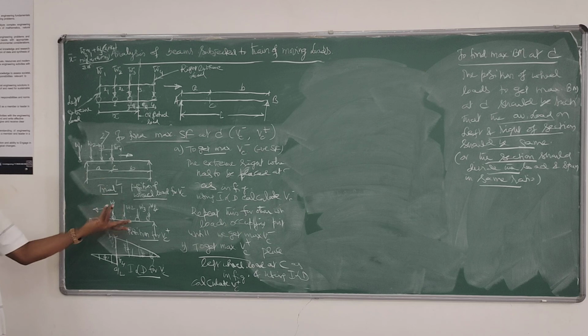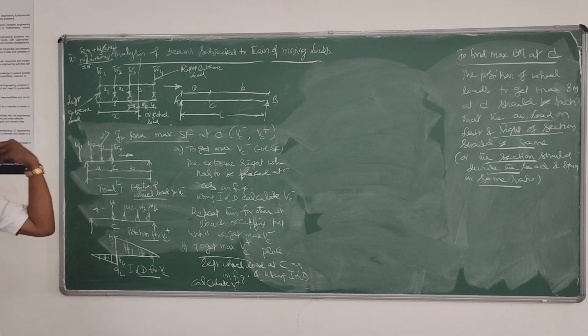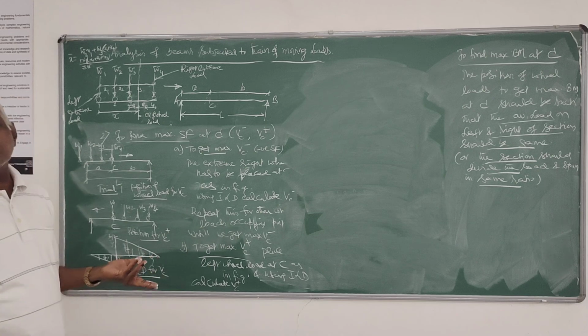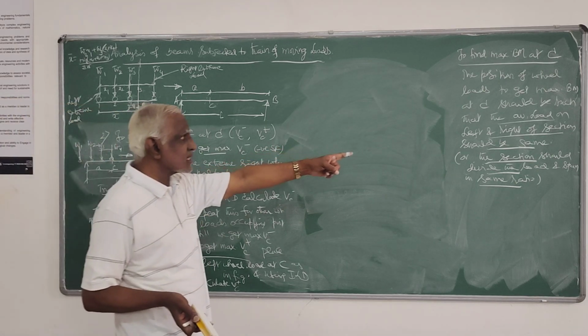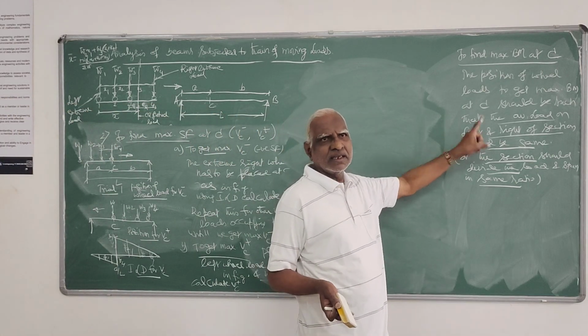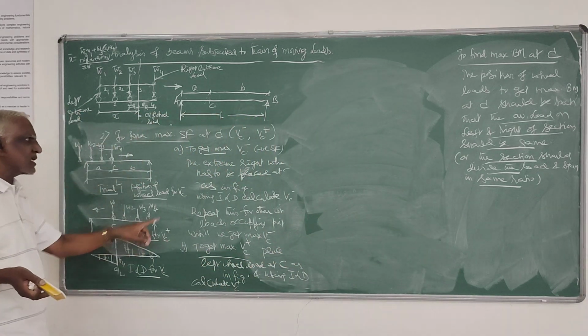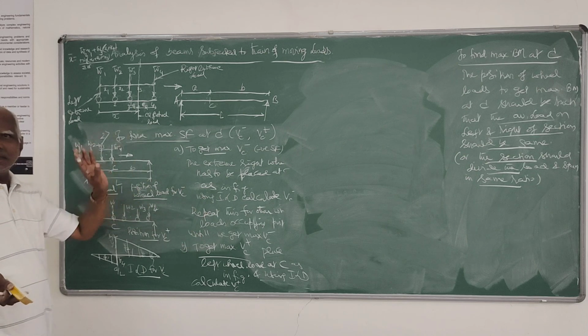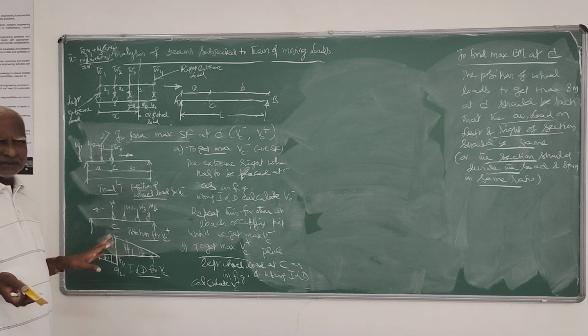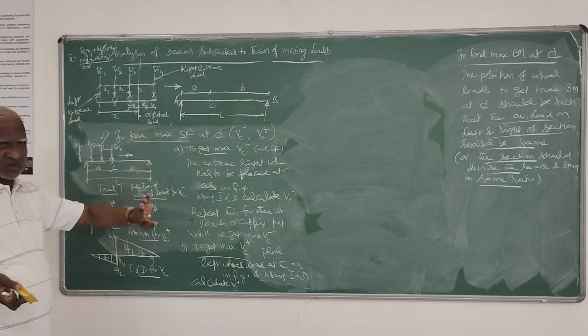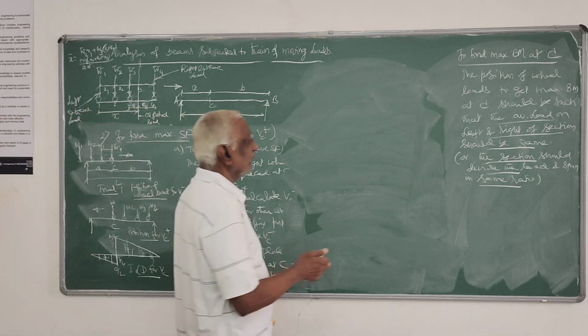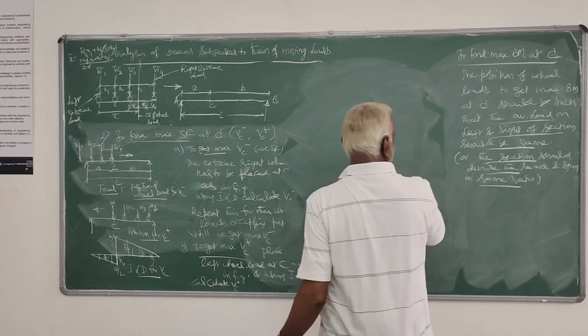Otherwise, better do both calculations, you will never miss anything. So repeat by allowing this second case, and out of these two, whichever gives you maximum bending moment, that you take. That's all. Only one extra criterion you have here, that extra calculation. Otherwise, the other calculations are similar to what you have done in shear force. Right? Next, we will take up the last one, which you can take after this.